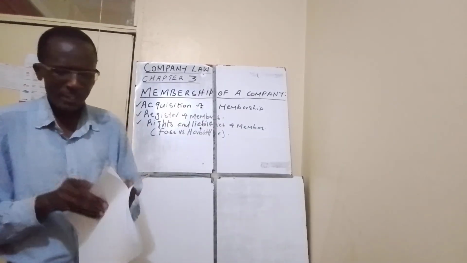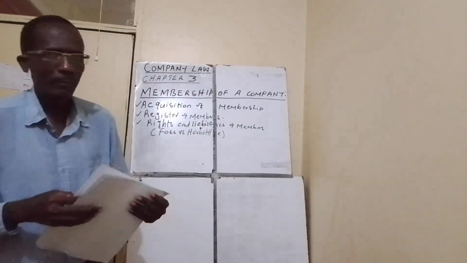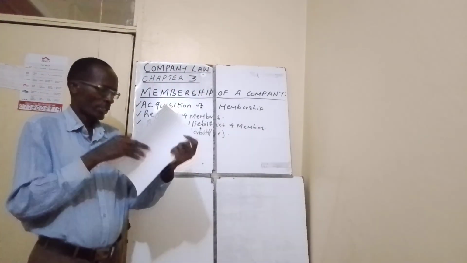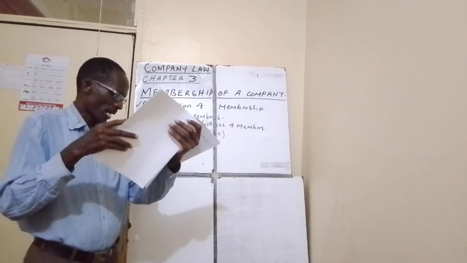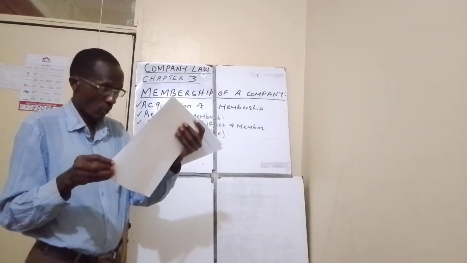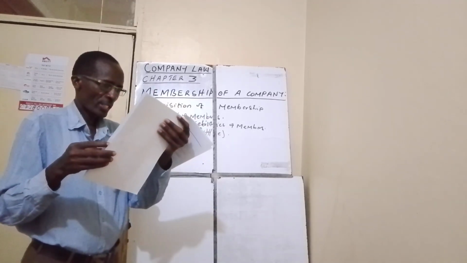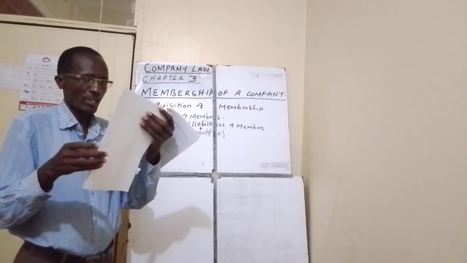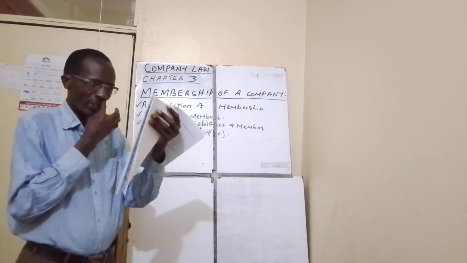Now, I just want to remind you that there are 2 ways in which you can protect the minority interest, and one is through common law, and the other part is minority protection by statute. So understand it that way.